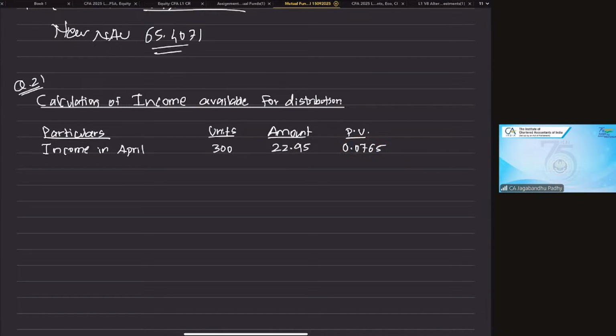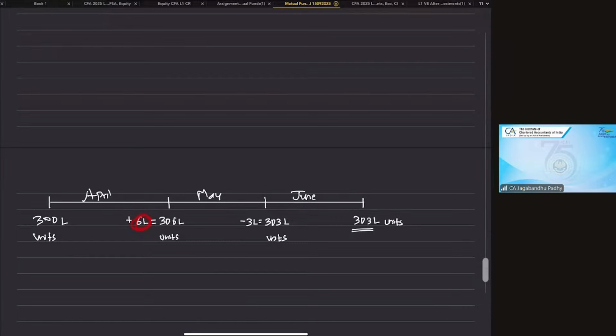I will ask the new unit holders, the 6 lakh, to pay me the NAV value, and also the entry load, but also something called dividend equalization, which is the accrued dividend. Because you pay me dividend equalization today, later on, maybe at the end of June, when I declare a dividend, I will give you the dividend equalization which you paid in April and also the income that you get in these two months.